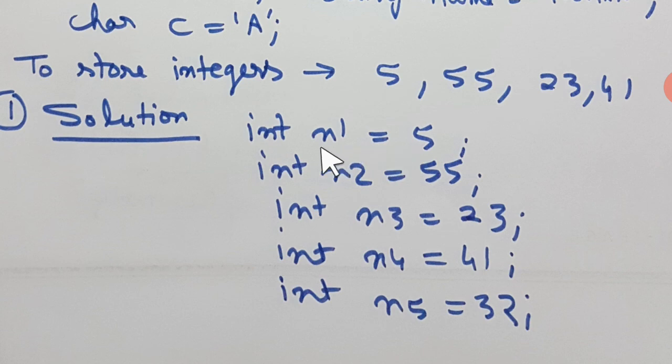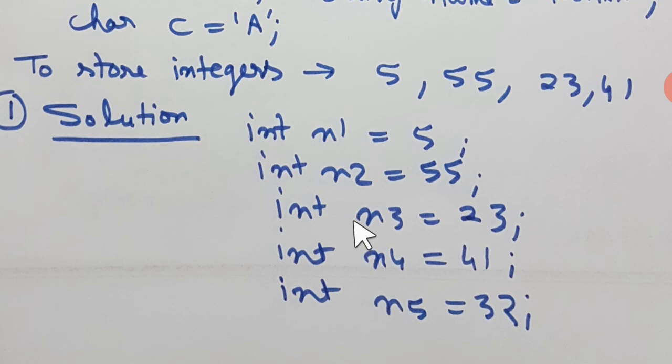This is the way of declaring these variables: 5 declarations assigned different values. int n1 is given 5, int n2 has the value 55, int n3 assignment operator 23 semicolon, so 23 is assigned to n3. Then int n4 is initialized with the value 41, with a semicolon as the termination operator. Now we have int n5 assignment operator 32 semicolon, so 32 has been assigned to n5.